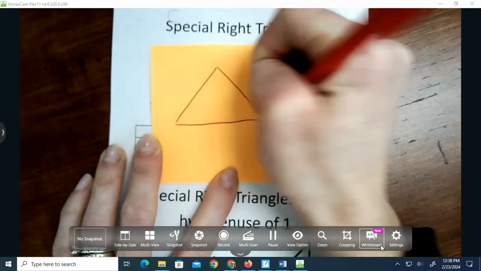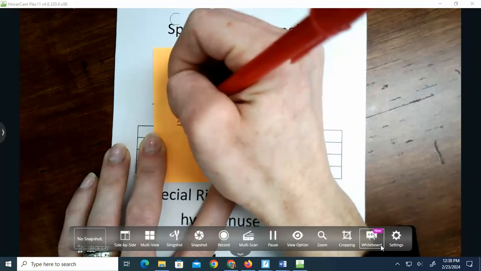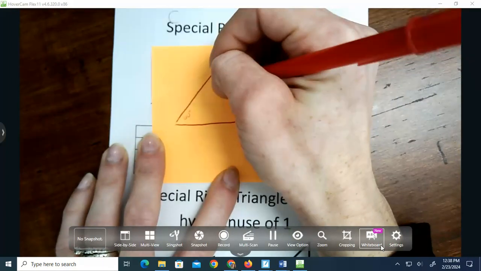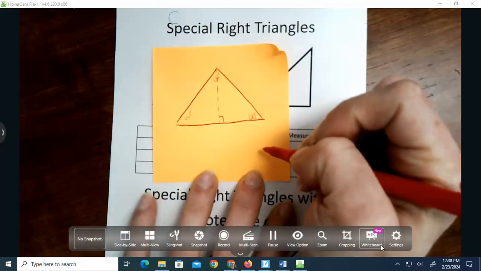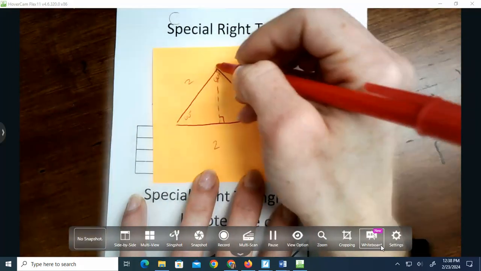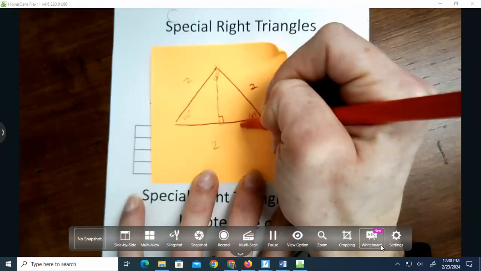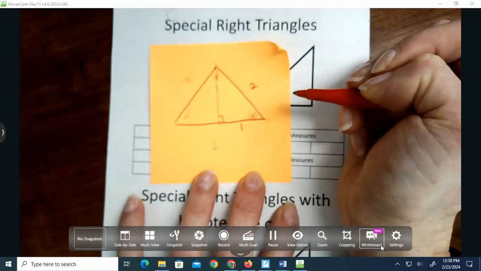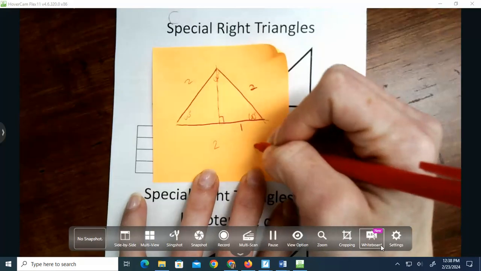So equilateral, all these angles would be 60, right? And if we dropped a perpendicular, that makes a right triangle. And we said, okay, if the original triangle, every side was 2, then if we take just this right triangle, this side is 2, this would be half of 2, which is 1. And then we could do the Pythagorean theorem to get the other side. A squared plus b squared equals c squared.